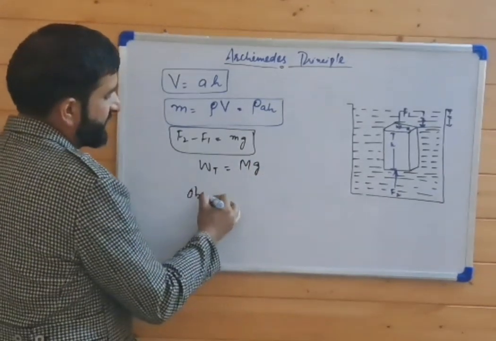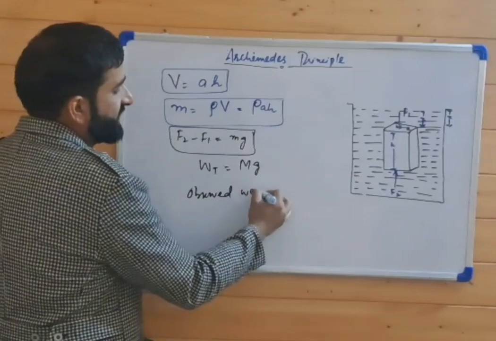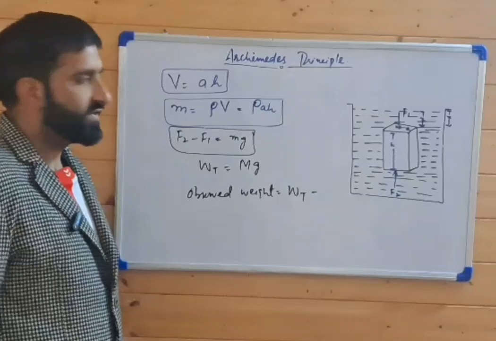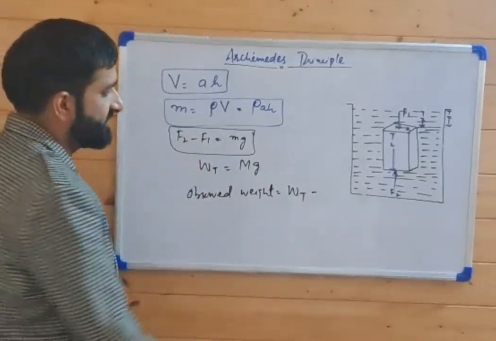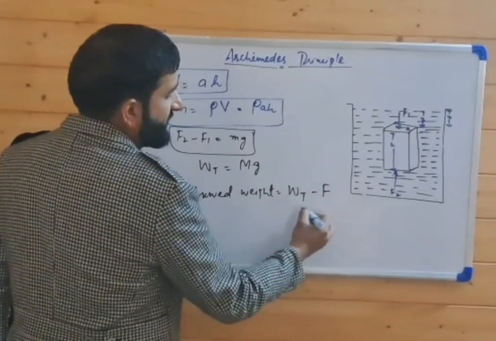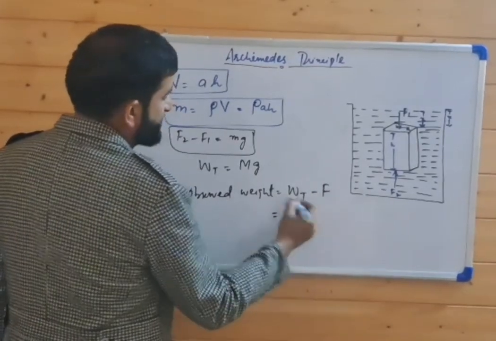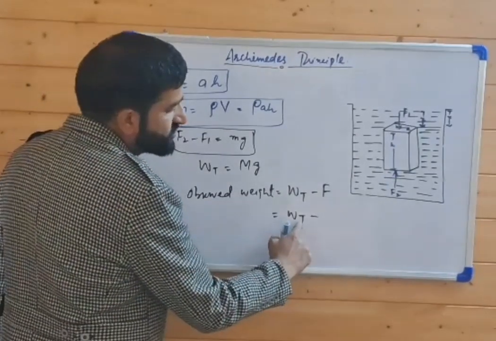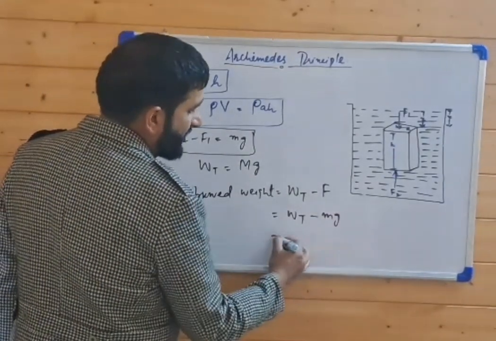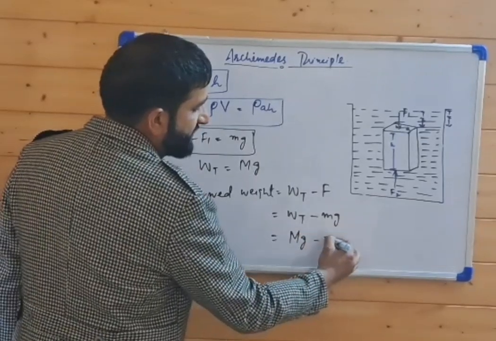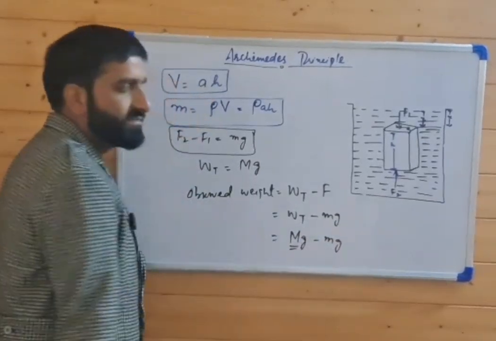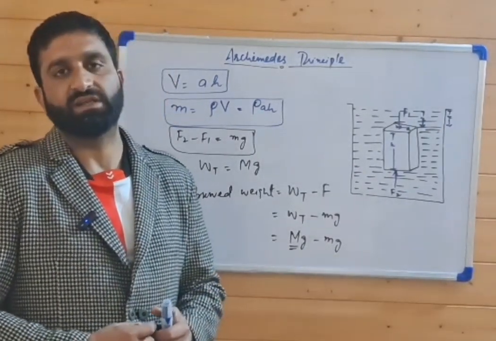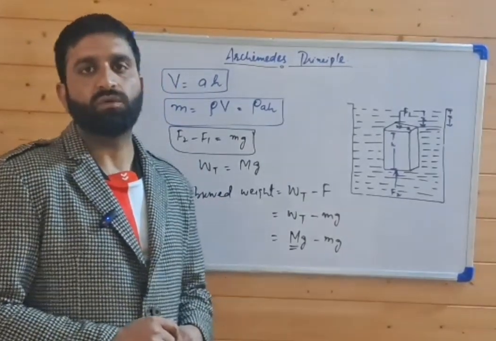So the observed weight will be equal to the true weight minus this upward thrust, that is F2 minus F1, which is equal to F. This F is equal to the weight of the fluid displaced, so the observed weight is true weight minus mg, that is Mg minus mg, where capital M is the mass of the body immersed and small m is the mass of the fluid displaced. This is all about the Archimedes principle.